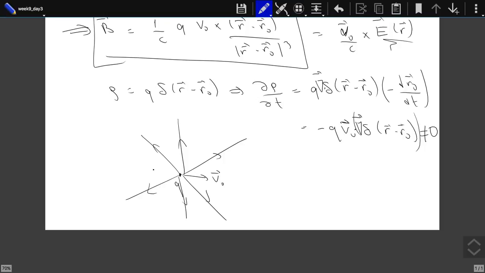By the way, this is also not necessarily true, because a point charge creates this radially outward electric field in electrostatics, but this is not a static problem. But if we ignore any possible modification to this electric field, this will be the direction of the electric fields created by this point charge as it's moving. So if you look at the magnetic induction at that point, what will be the direction?